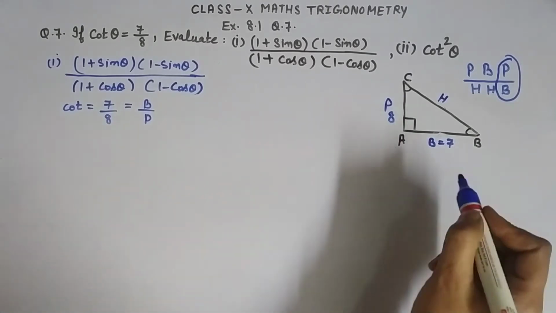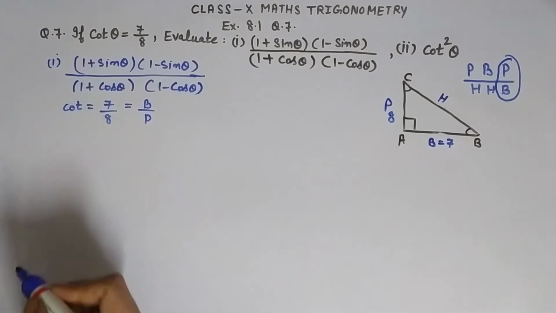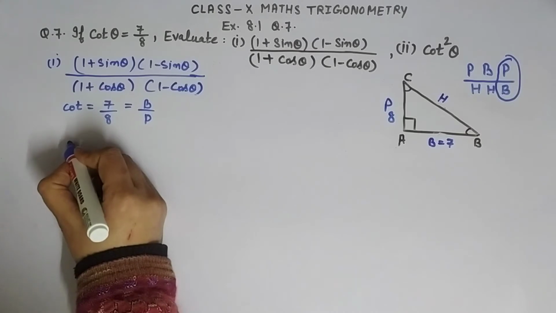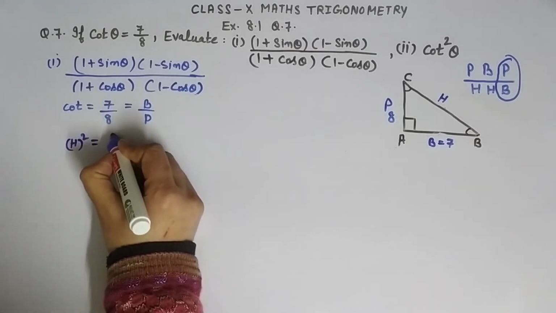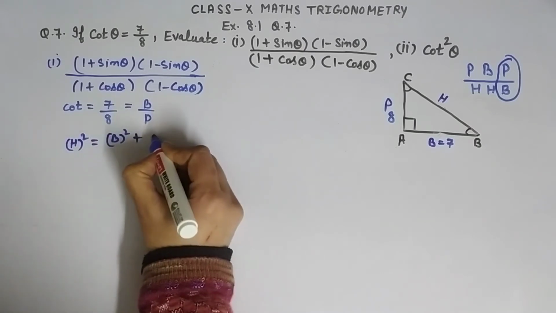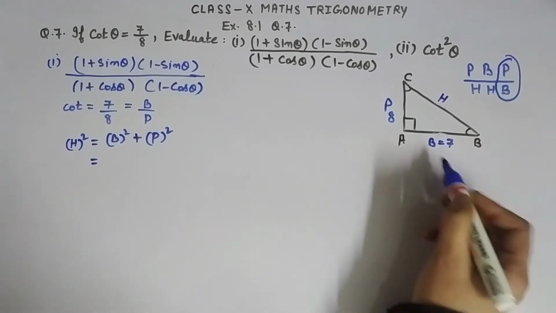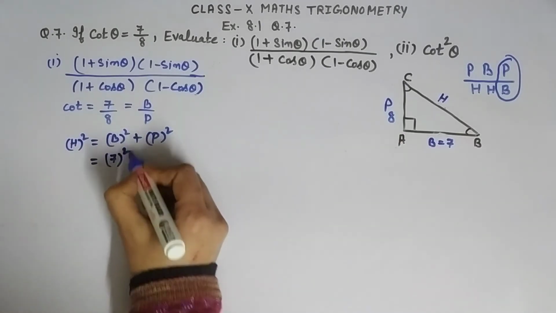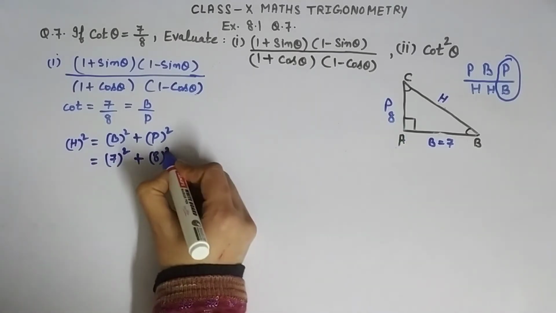Here the third side is missing, so we have to find the third side by using the Pythagoras theorem, and you know very well the Pythagoras theorem, that is hypotenuse square is equal to base square plus perpendicular square. Now put the values here. Base is 7, so it will be 7 square plus perpendicular 8 square.